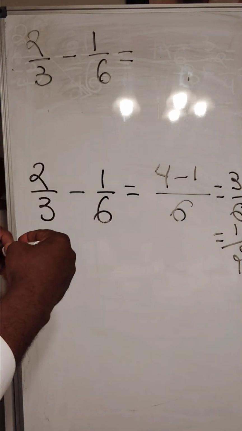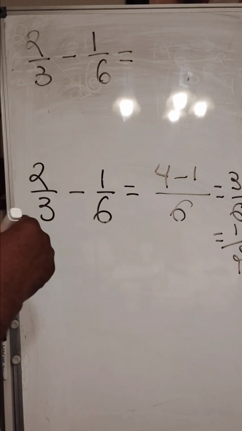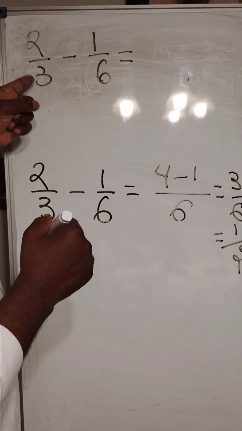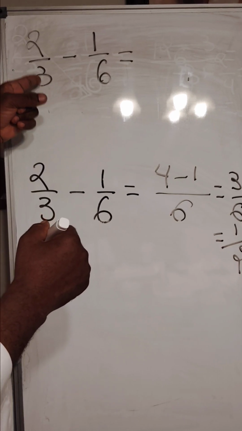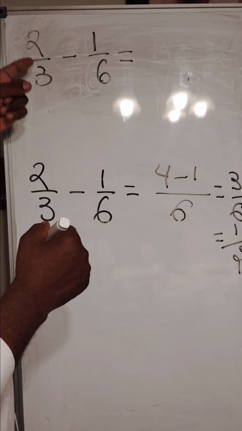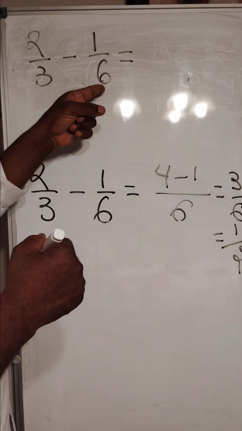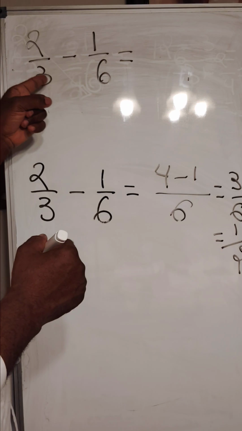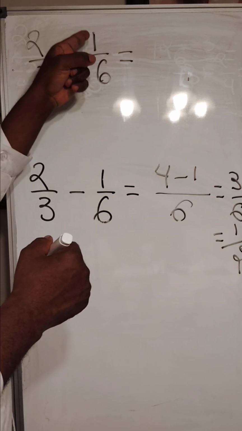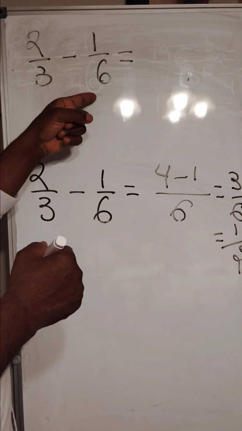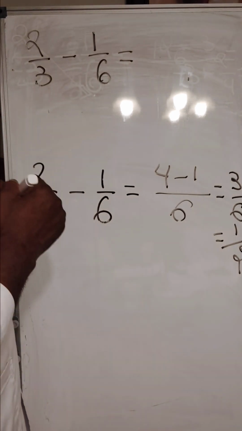The best way to do it is to make the equivalent of the fraction 2 over 3 by multiplying both by 6. And then I'm going to find the equivalent of 1 over 6 by multiplying the top number and the bottom number by 3.